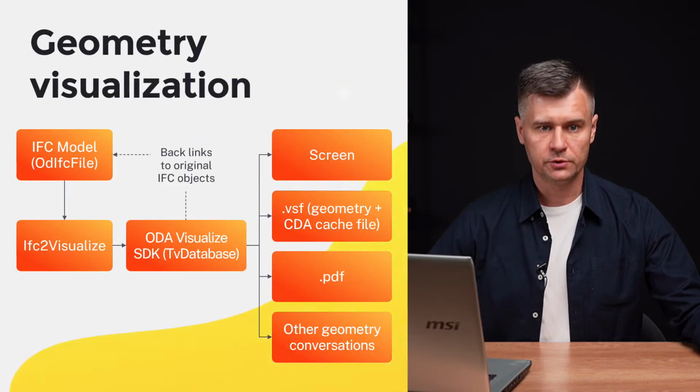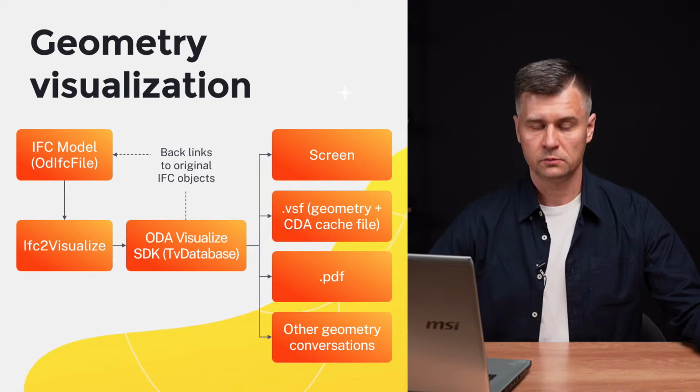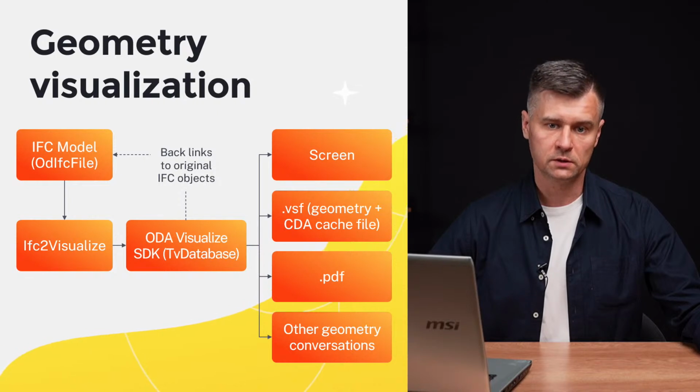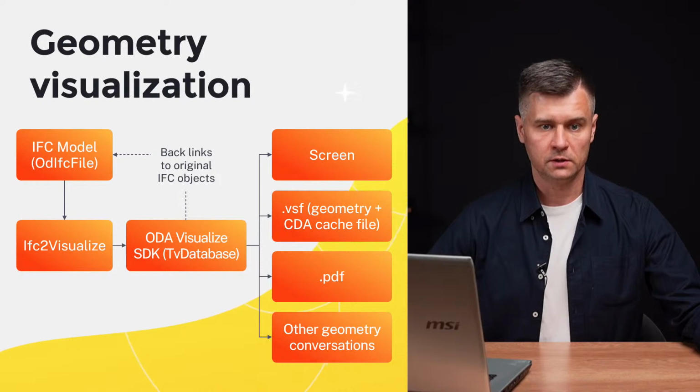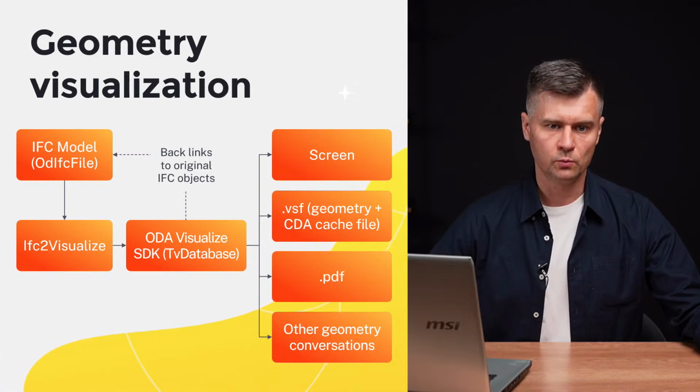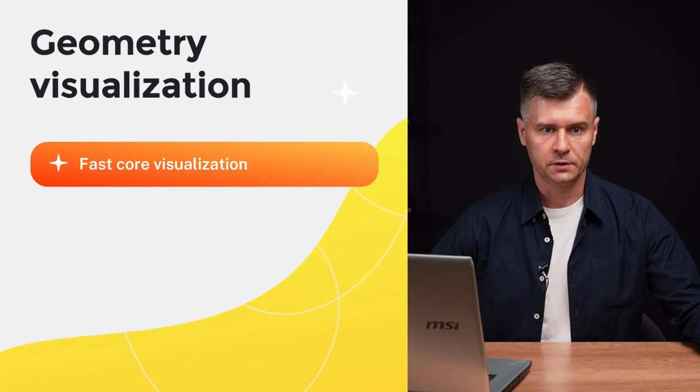There is another approach that allows you to operate on a higher level, and this involves the ODA Visualize toolkit, and you operate with the TV database, and this allows you to operate relatively more quickly, more efficiently, with more stuff available out of the box, but there are several limitations introduced by ODA Visualize, so it's up to you which approach to choose when talking about geometry visualization.